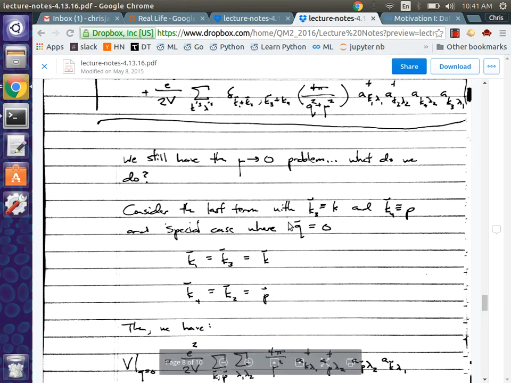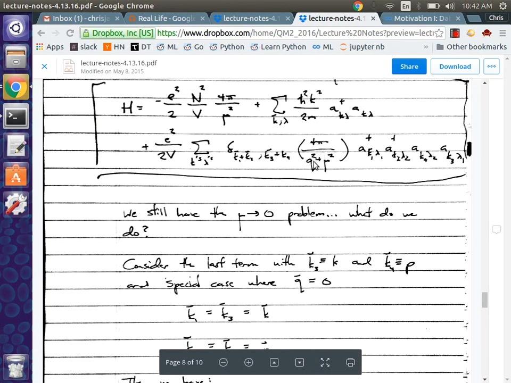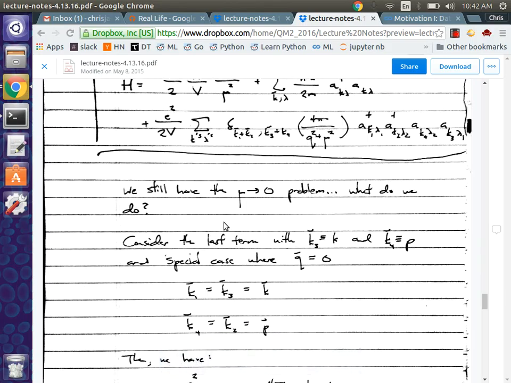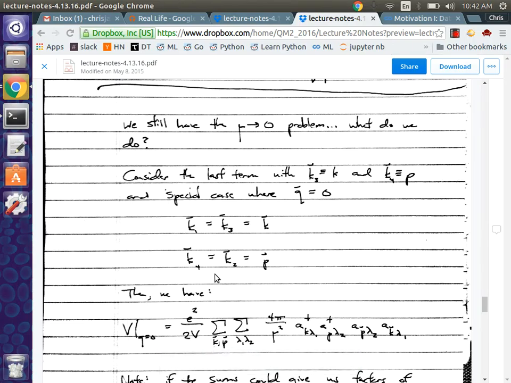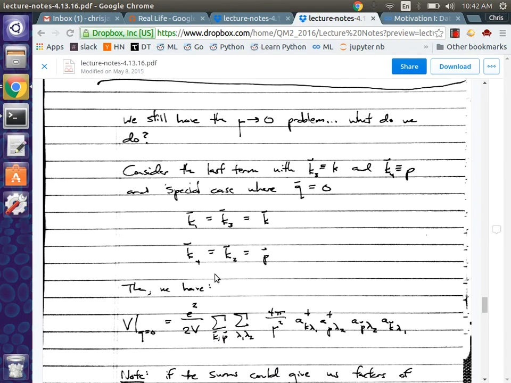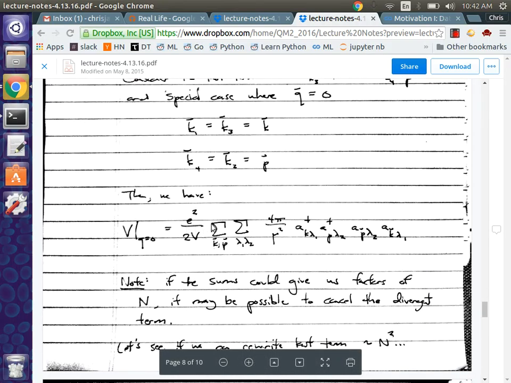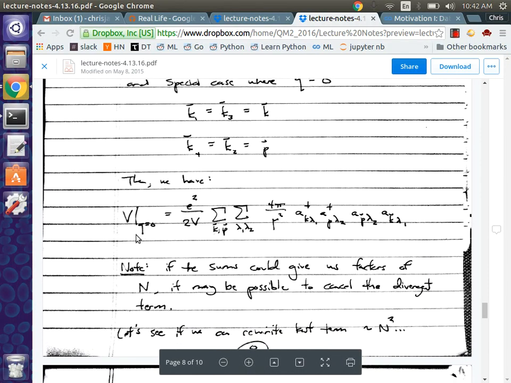So what that means is that this term here, for that particular case, because here we're summing over all the K's, we're going to come across a case where this is true, where K1 is equal to K3 and K2 is equal to K4, right? Everybody buy that? Okay, so what we're going to end up with is one term where Q is equal to 0, and we'll have this stuff left over.